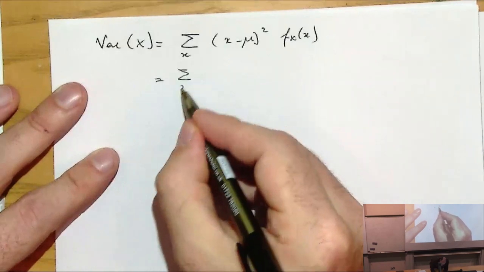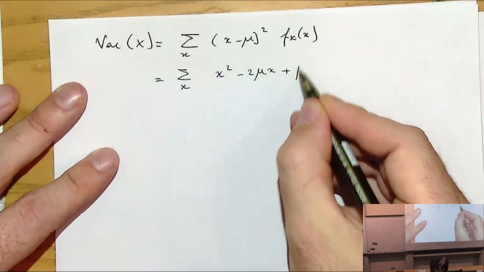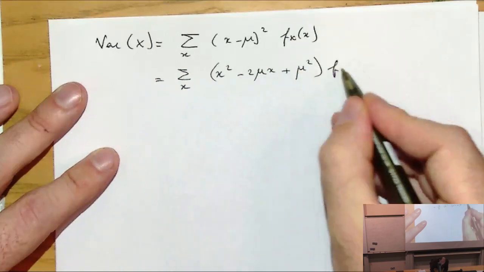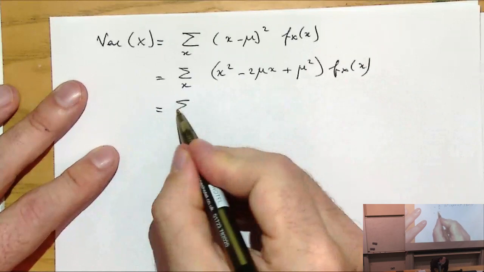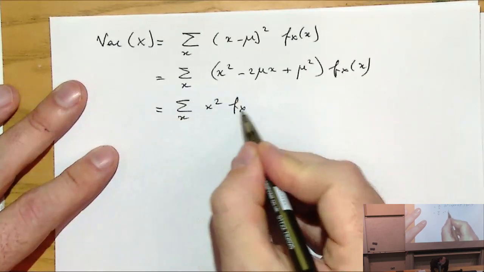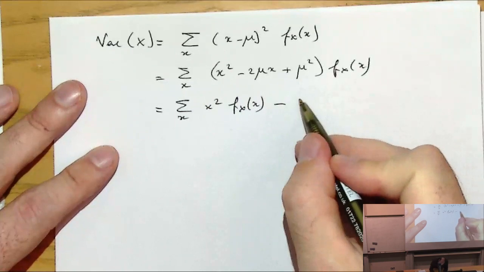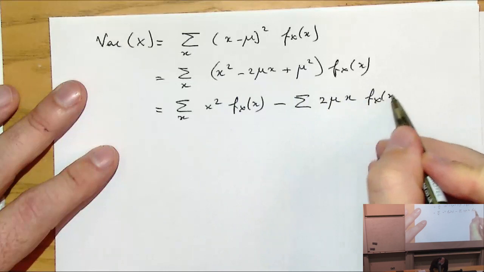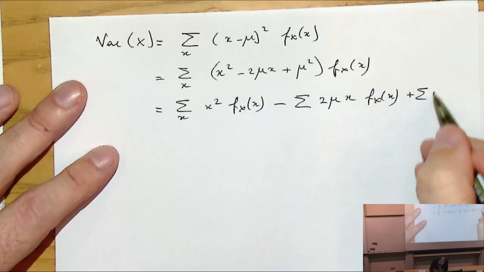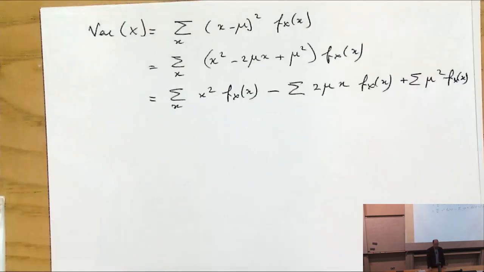I have the sum over x of (x squared minus 2 mu x plus mu squared) multiplied by the probability mass function. And now I distribute. So I have the sum over x of x squared multiplied by the probability mass function, minus the sum of 2 mu x times the probability mass function, plus the sum of mu squared multiplied by that. And I have 3 different terms.